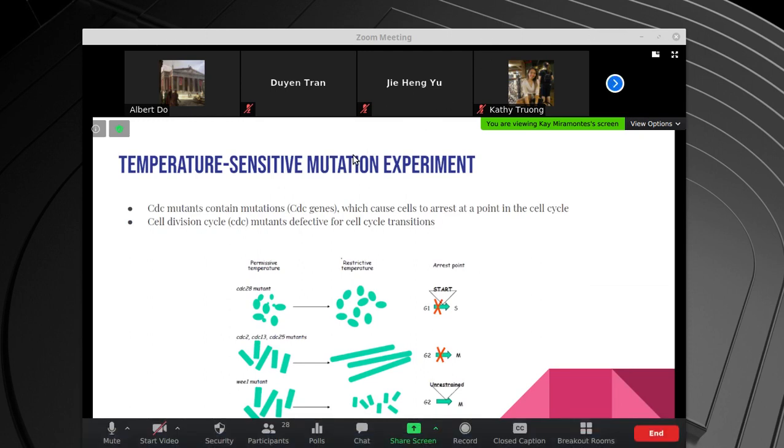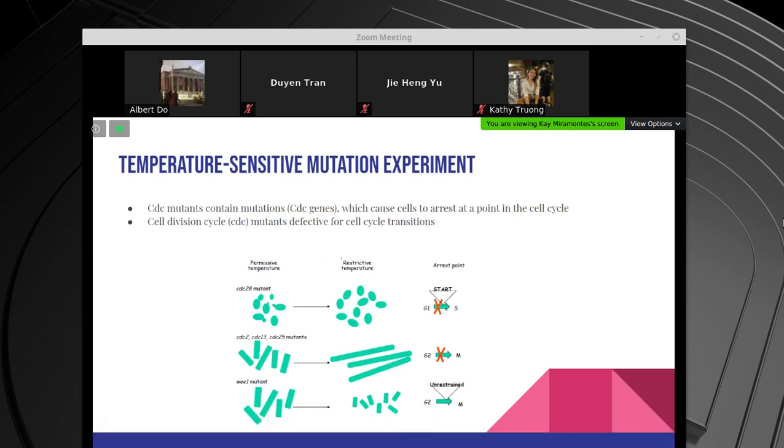A temperature-sensitive CDC mutant can be propagated at a low temperature, which is also known as the permissive condition, and then raised to a higher temperature, which is known as the restrictive condition, in order to turn off the function of the mutant gene.